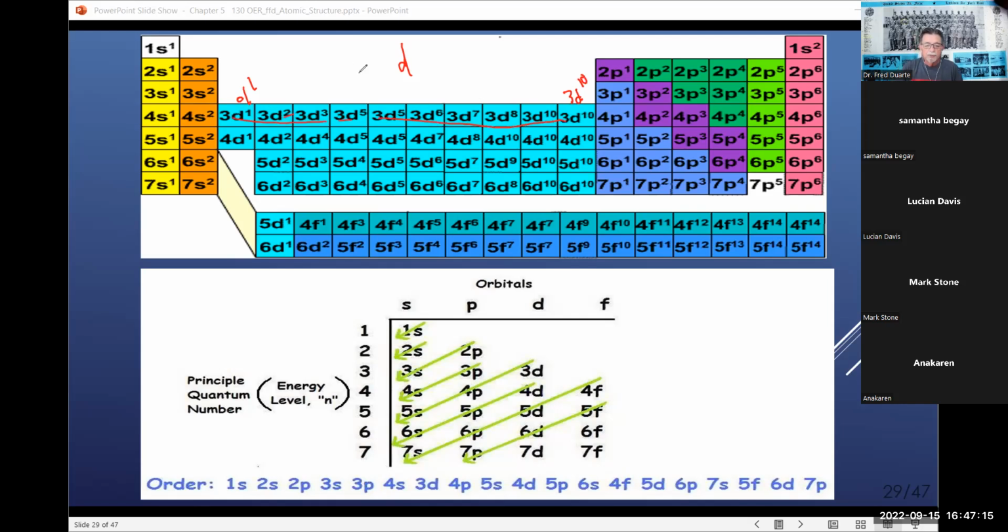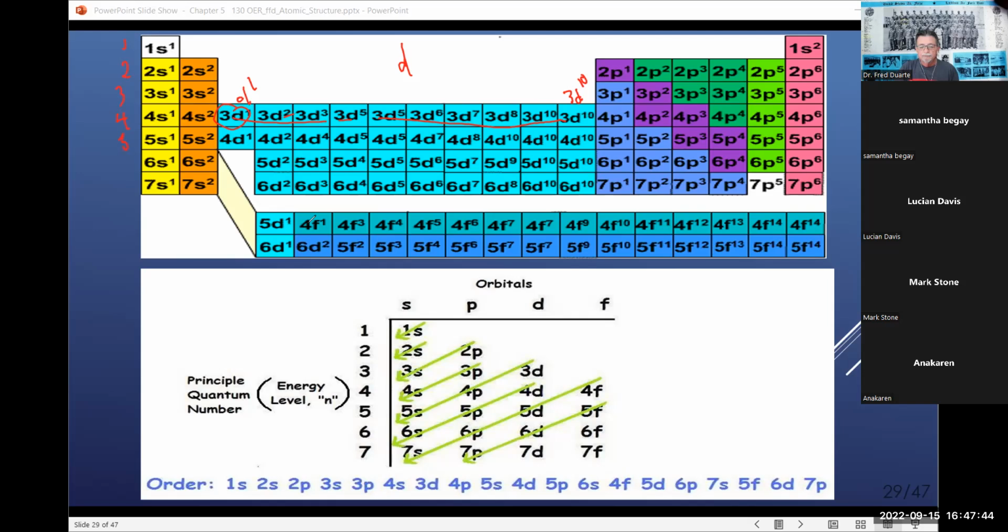Also notice that for element number 21, which is right here, it is in the fourth energy level, but its D orbitals come out in the third energy level.